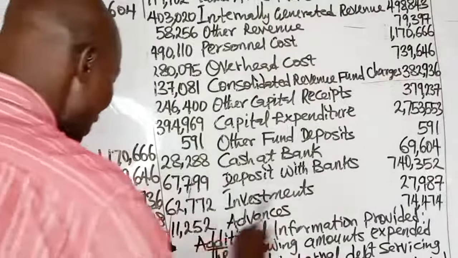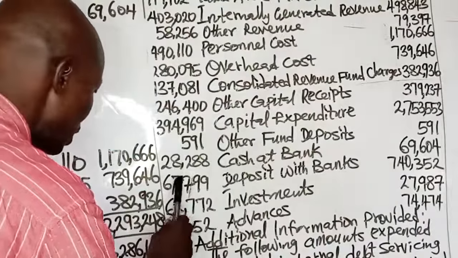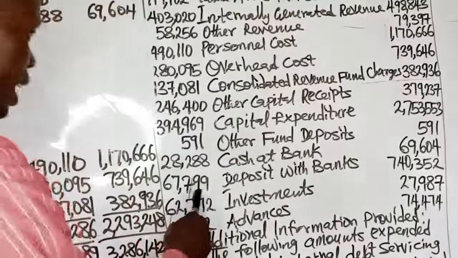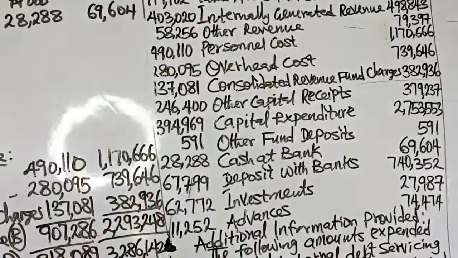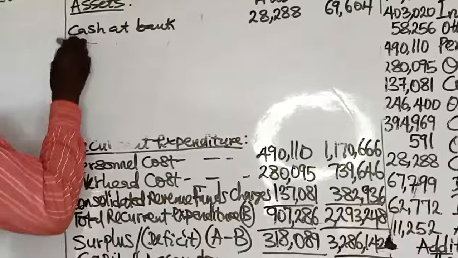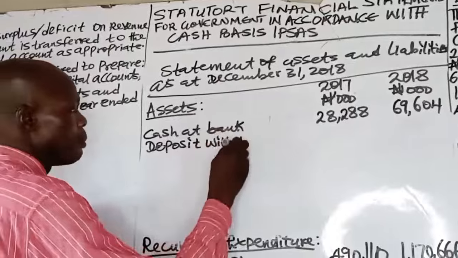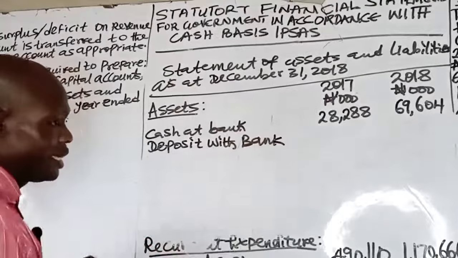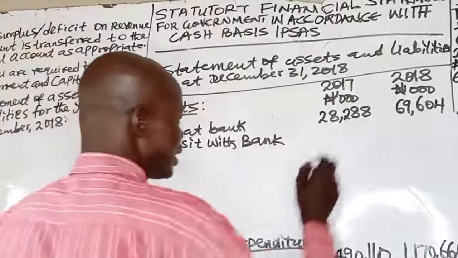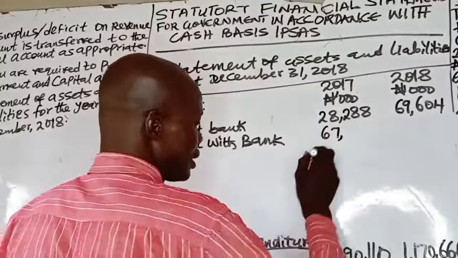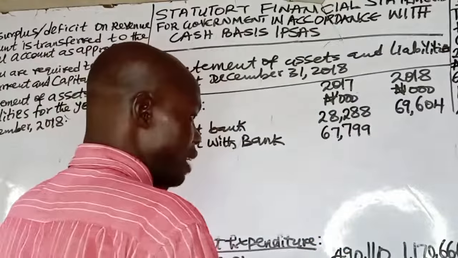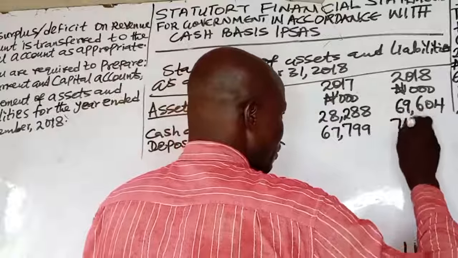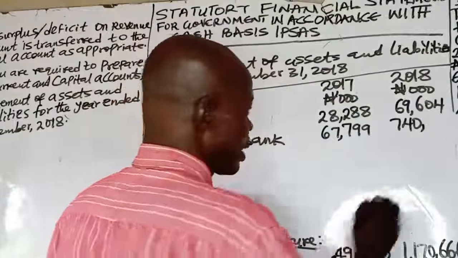So deposit with bank is an asset. 2017, 67,799. And 2018, you have 740,352.